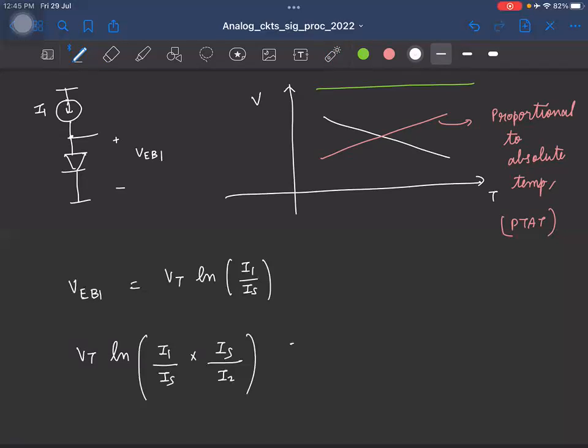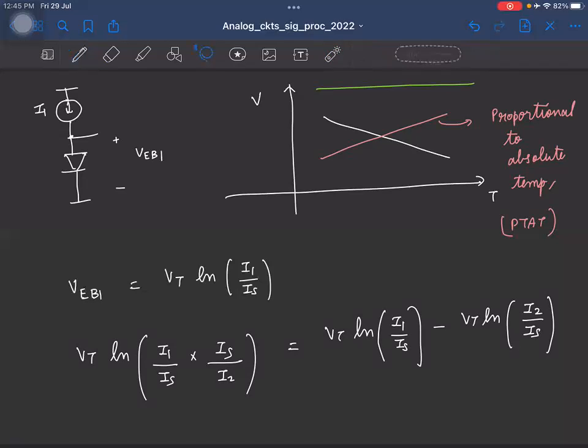Now what is this? If I expand it, what do I get? VT ln I1 by IS minus VT ln I2 by IS. Is that fine? So let me take this to the next page.